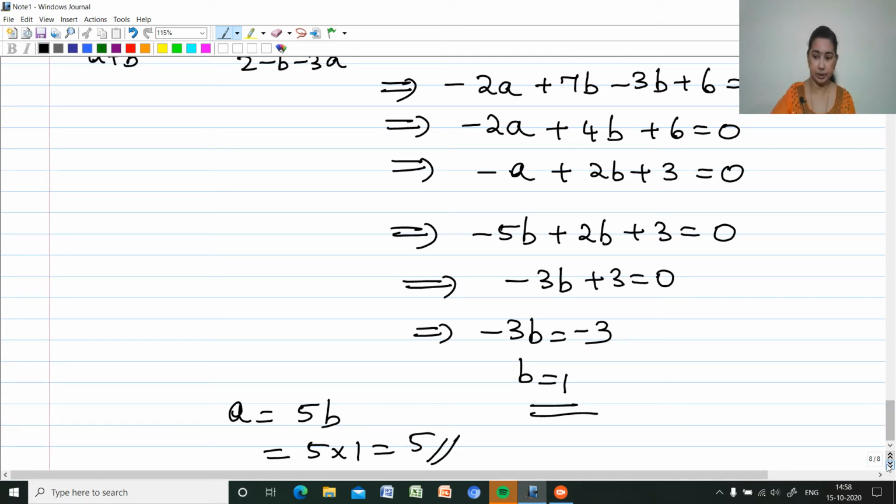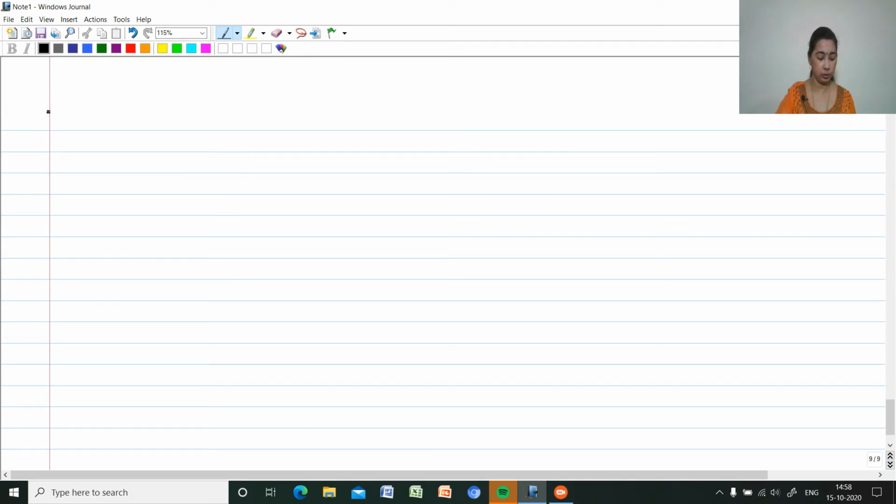Again, next question. Question number 3. Solve the following pair of equations by substitution and cross multiplication method.